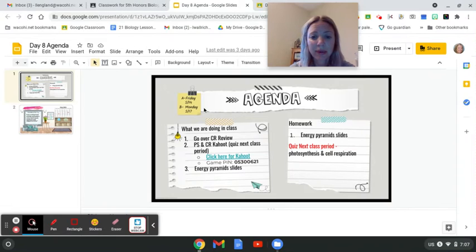So they'll click on this hyperlink and they'll put in this pin, and they're going to do a Kahoot, which allows them to review for their photosynthesis and cell respiration quiz that they're going to have the next time I see them. So it's a multiple choice and short answer quiz that they'll do at the beginning of next class period. So go ahead and pause the video, wait 5 minutes, and let them play that on their own.